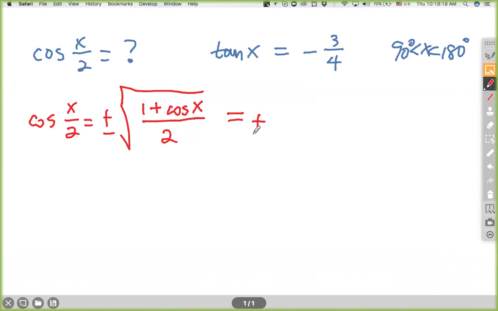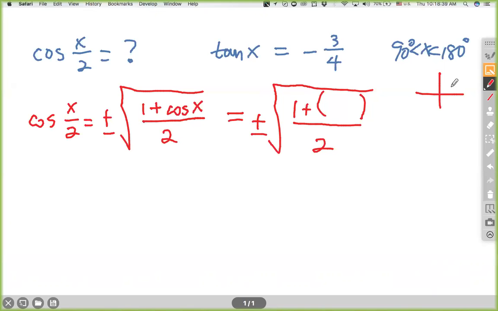This is plus or minus the square root of (1 plus blank) over 2. Now we need this cosine x value. It's supposed to be a fraction, but it could be plus or minus. We'll determine the sign using this angle here.